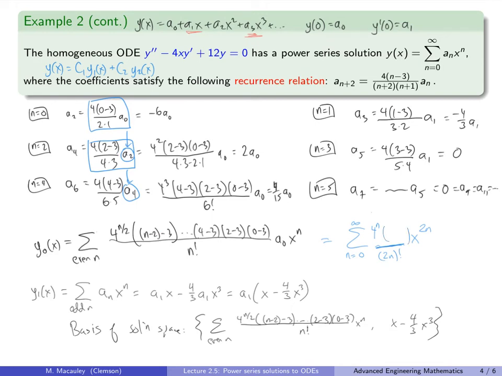It's 0 minus 3. So it's going to start from 0 minus 3, 2 minus 3, and then what is this term? It's 2n minus 2 minus 3.